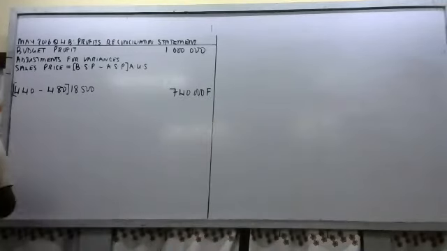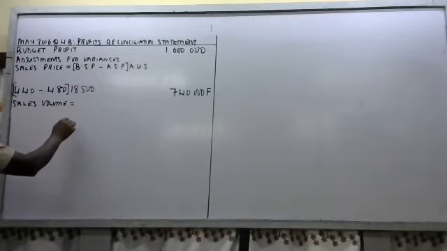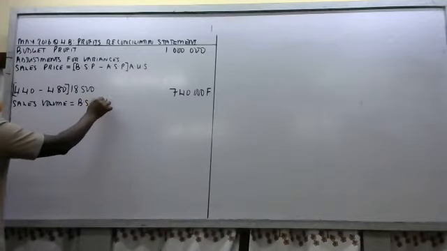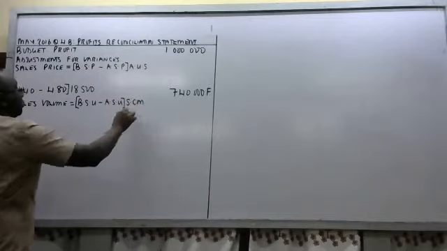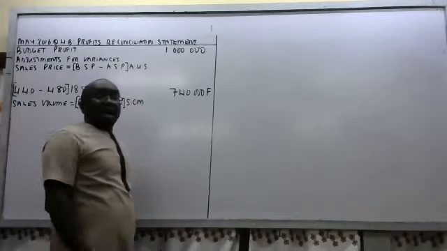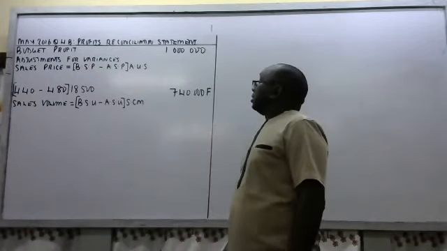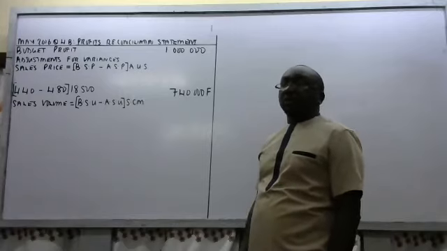The next one is sales volume. This one is given as budget sales units minus actual sales units, you multiply by standard contribution margin.